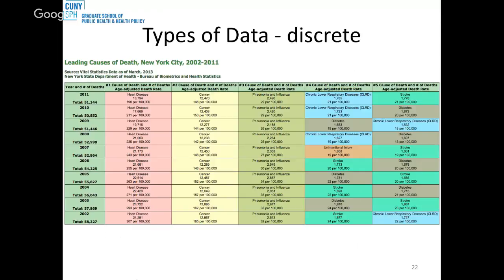So we have heart disease is number 1 every year. Cancer is number 2. The pneumonia and influenza is number 3, but numbers 4 and 5 switch back and forth. So why is this switching back and forth happening?